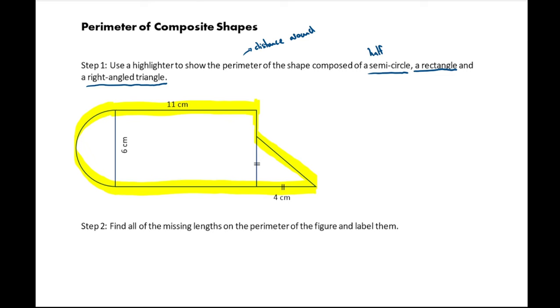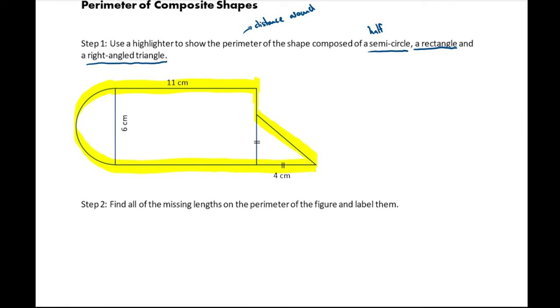So what we need to do now, after we've highlighted and figured out what sides we need to add up for perimeter, is find the missing lengths on the figure and label them. So we have 11 at the top, we have 4 down here, so we're missing this portion over here, I'll do in red.